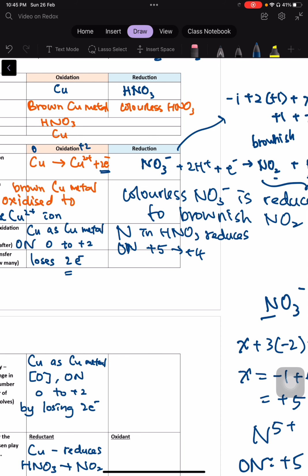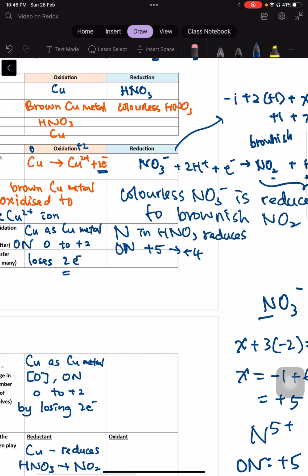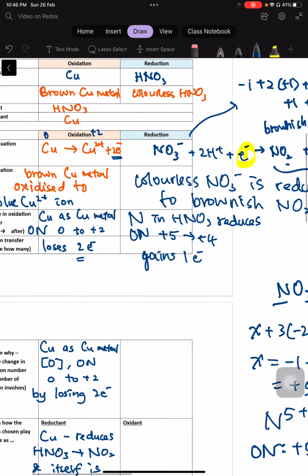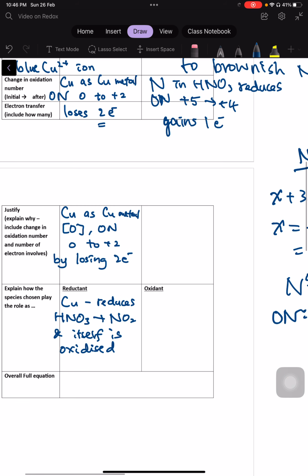And always check the electron. We have 1, so the number of electrons gained: nitrate gains 1 electron. Then justify, and always mention the element.